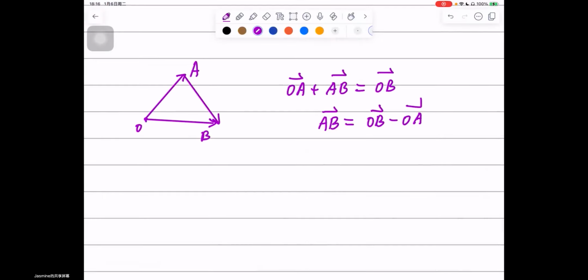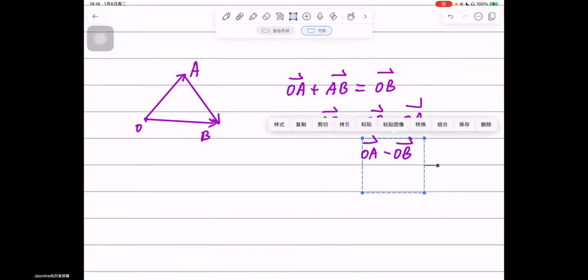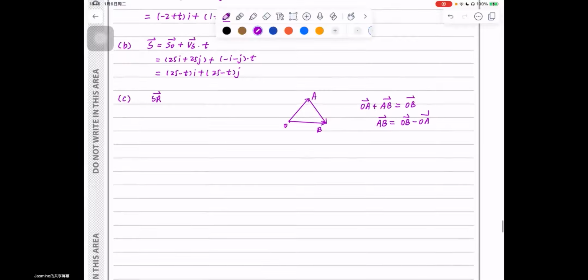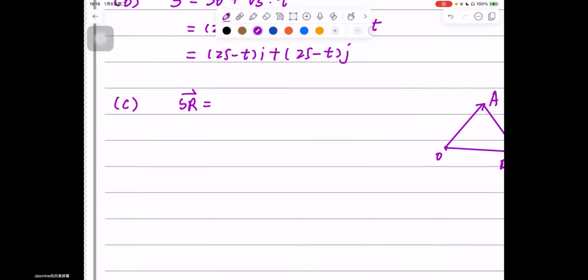So what do we know about this pattern? To find AB, we don't use OA minus OB. We just flip the letters and use OB minus OA. It applies to every case. So in this case, SR, we can use OR minus OS.